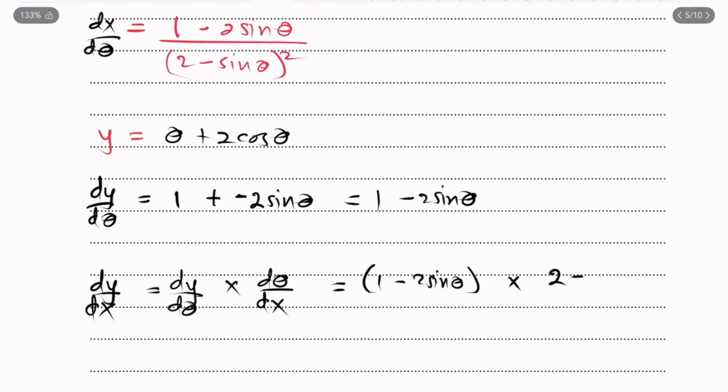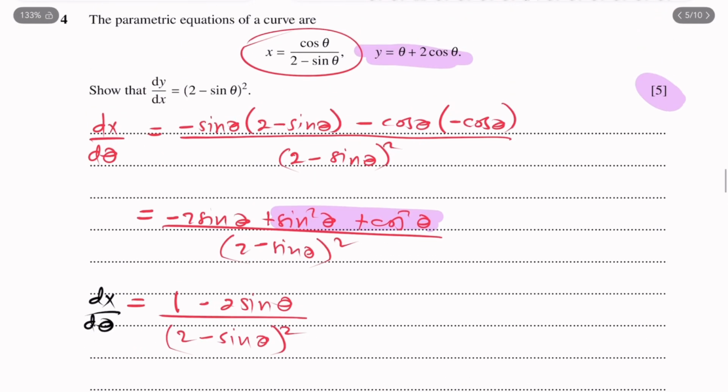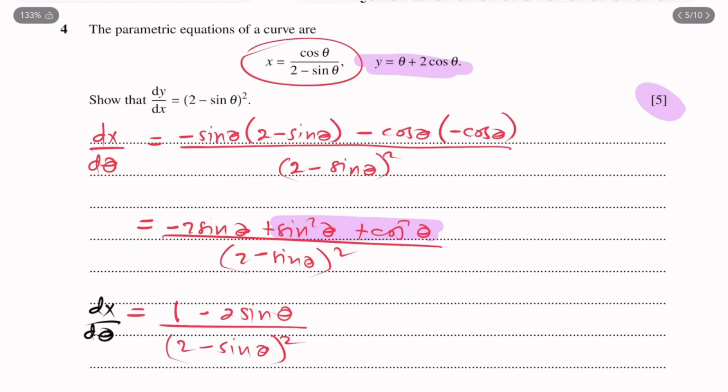So we have 2 minus this all squared over 1 minus this. As you can see, good news. This cancels that. And we are right there. Okay. And that's what they wanted us to prove right here.